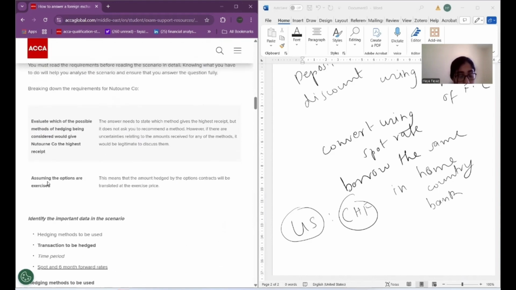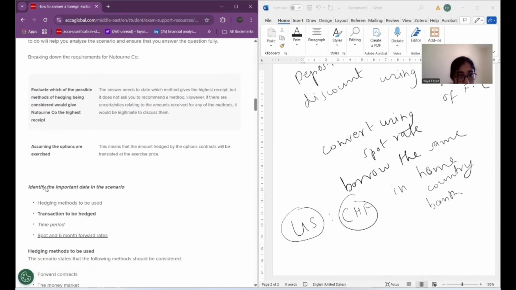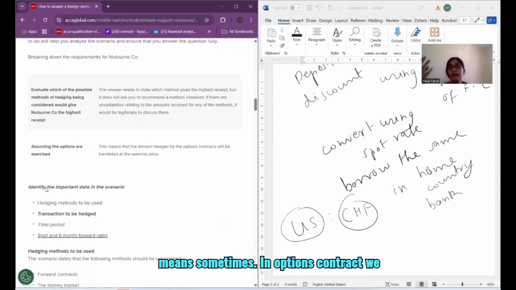Assuming the options are exercised, that means sometimes in an options contract we might have an option to let it go, right? Here we are considering the options are going to be exercised as well. So even if options have an option to not be exercised, here we are assuming we are going to exercise it and find out the receipt under the options contract.